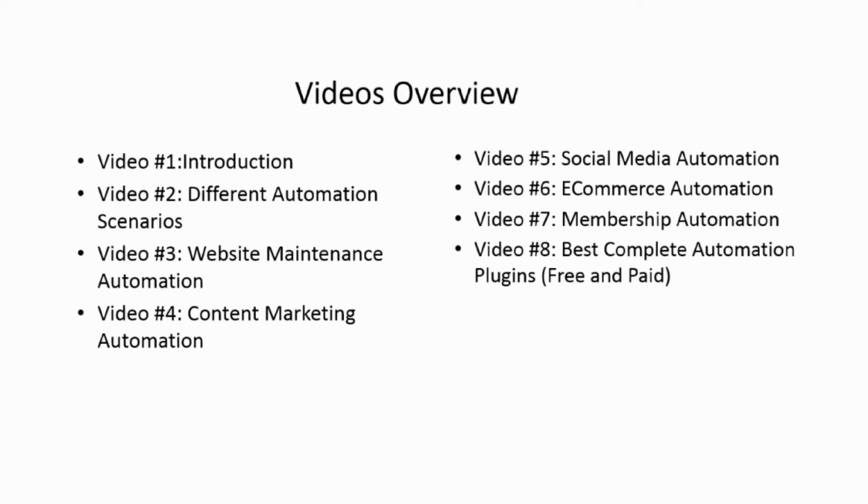In video number 3, we'll talk about website maintenance automation. What this includes are things like updating themes, updating plugins, doing backups, just the things that you can automate, but if you were not to automate it, it would just take up a lot of time. Video number 4, we'll talk about content marketing automation.